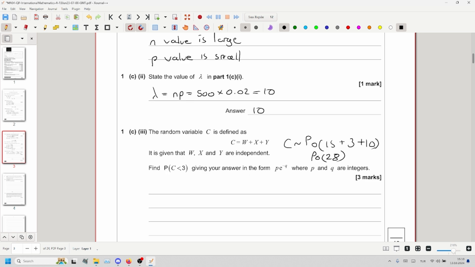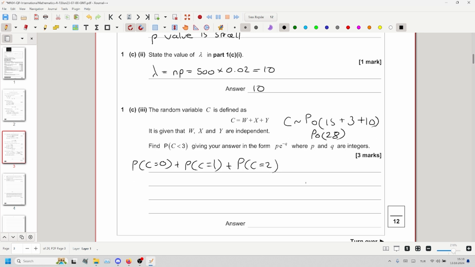And it asks us to calculate the probability that C is less than 3. So that's going to be equal to the probability that C is equal to 0 plus the probability that C is equal to 1 plus the probability that C is equal to 2. Now remember, the probability that C is equal to some value x is going to be e to the negative lambda, so e to the negative 28, multiplied by lambda to the x, so 28 to the x, divided by x factorial. So I'm just going to write this, and I'm going to factor out all the e to the negative 28 here.